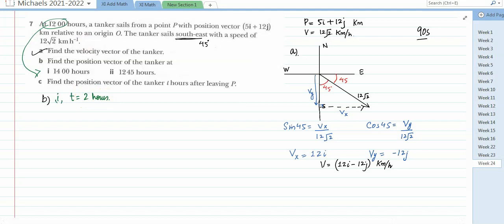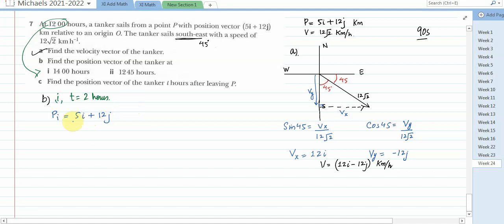Once you have the time, you need to find the position with respect to velocity. The initial position, the P, is 5i plus 12j. That is the initial position, right? We have found the velocity for x and y. So I can say that the final position equals initial position plus displacement with respect to velocity.